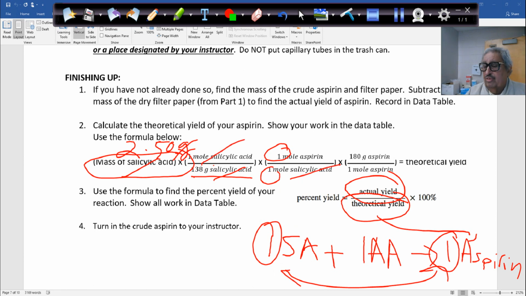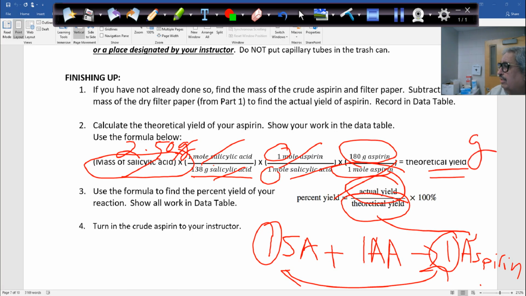Then multiply by the molar mass of aspirin, 180 grams per mole. Moles of aspirin cancel out. Your answer will be in grams. That will be your theoretical yield based on whatever amount you have put, theoretically 2.50 grams.